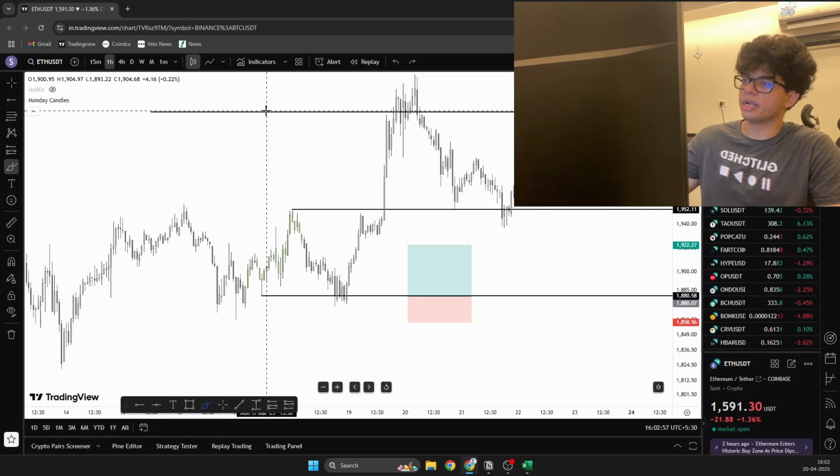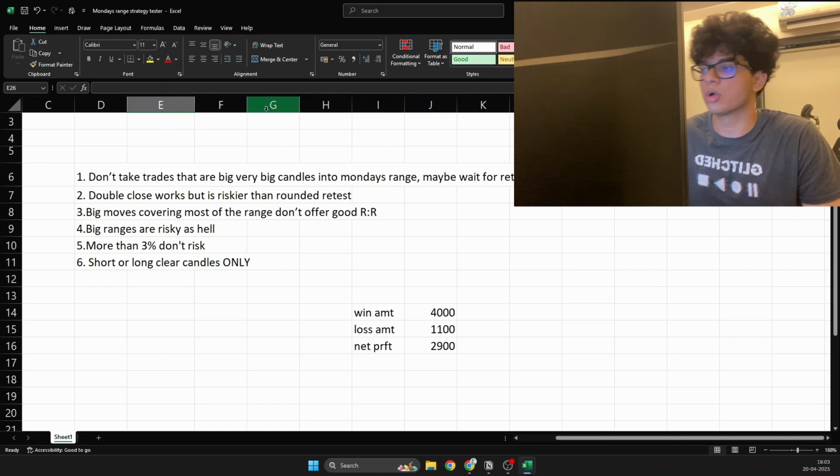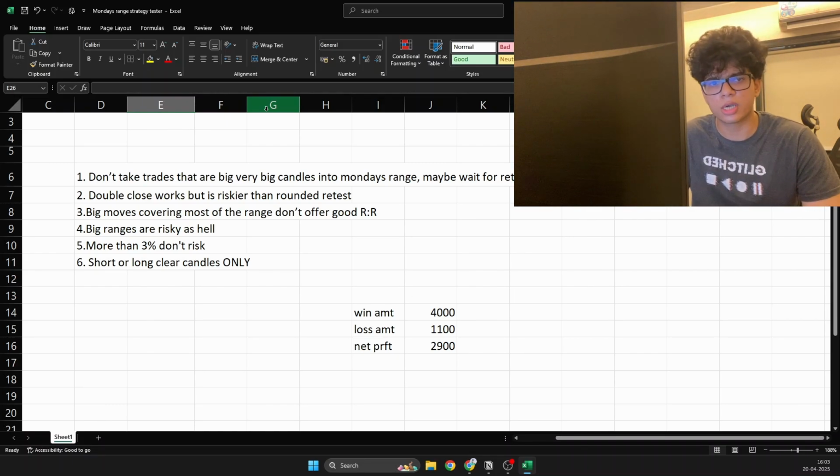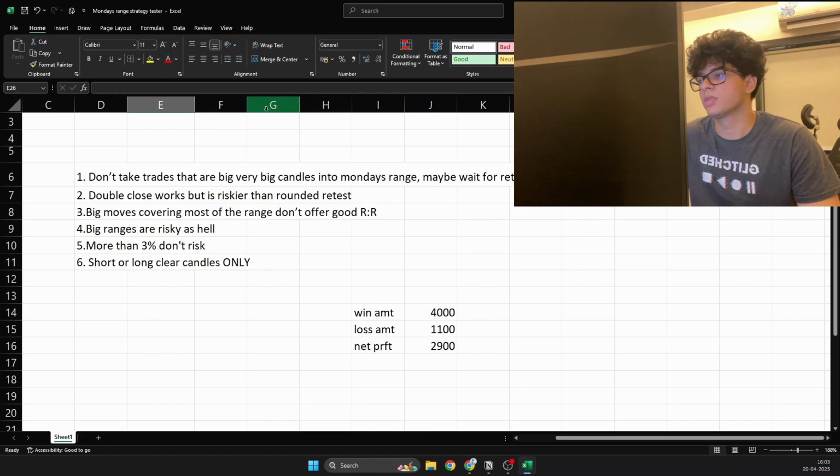This is what a clean double close is, right? So double close works, but it is riskier, way riskier than rounded retest. You could take it, it works, but you should definitely have other indicators or stuff telling you to take that trade.